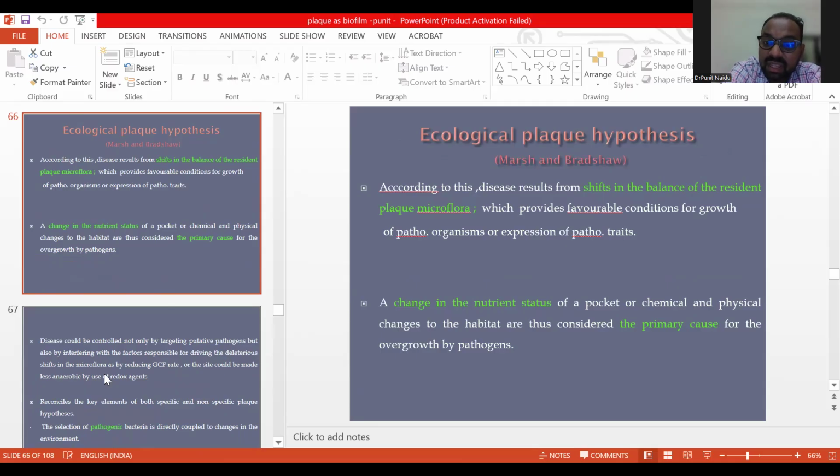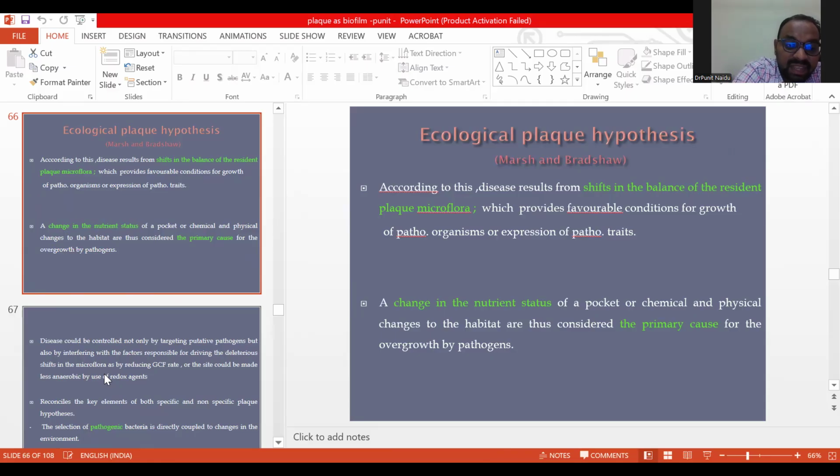According to this theory, the disease results from a shift in the balance of the resident plaque microflora, providing favorable conditions for growth of pathogenic organisms or expression of pathogenic traits. So there is a change in the nutritional status of the pocket or chemical and physical changes of the habitat, considered the primary cause for the overgrowth by the pathogens.